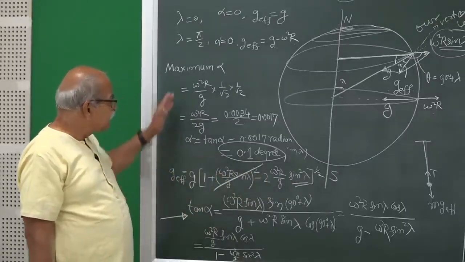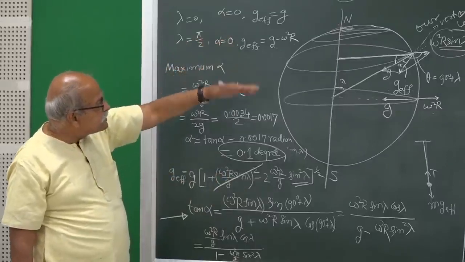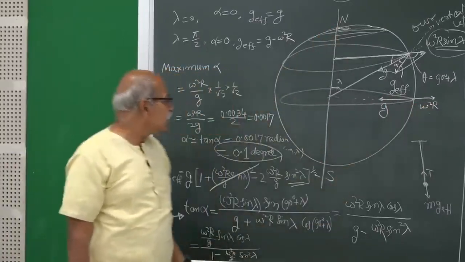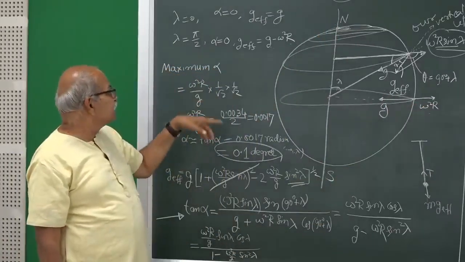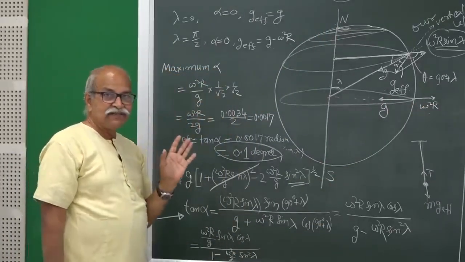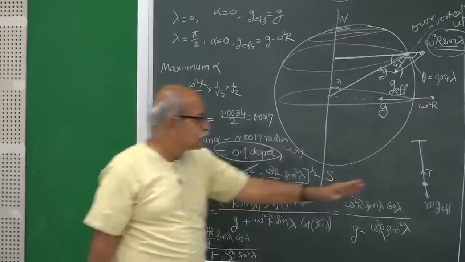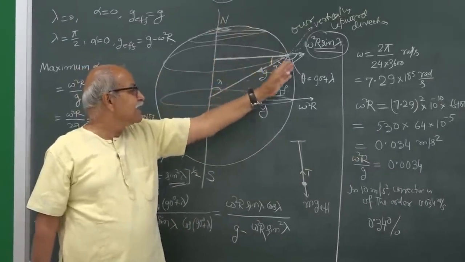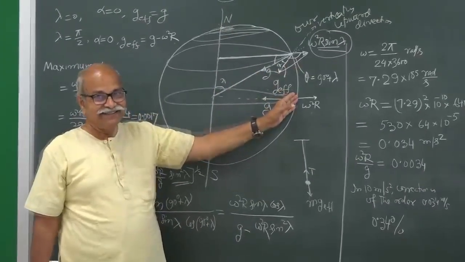So, G effective will continuously decrease from g to this value g minus omega square r, and remember omega square r is only this 0.034 meter per second square. So, it gradually decreases and it reaches here.